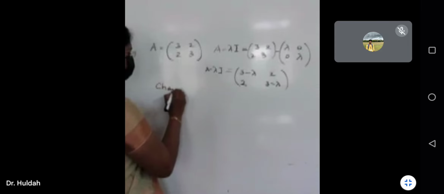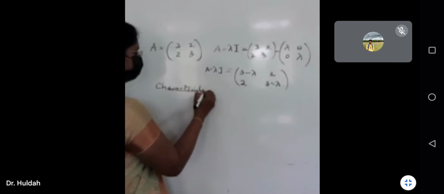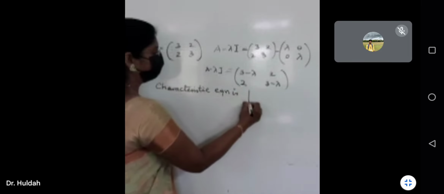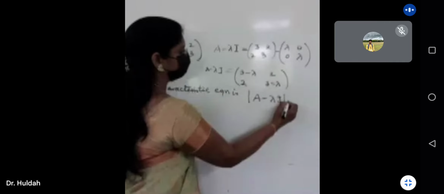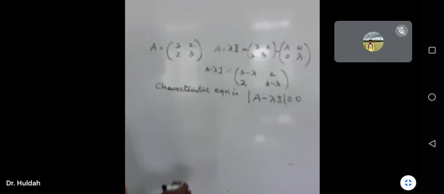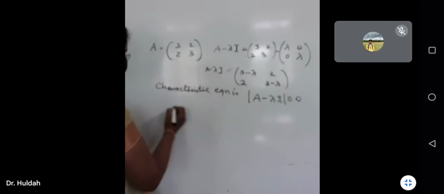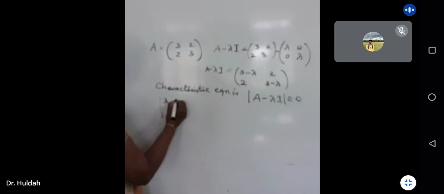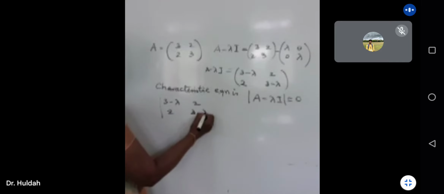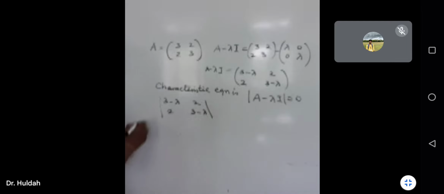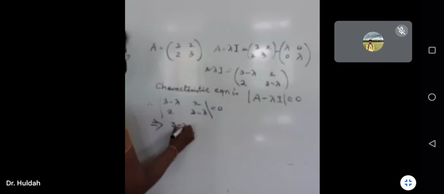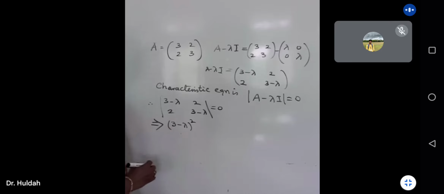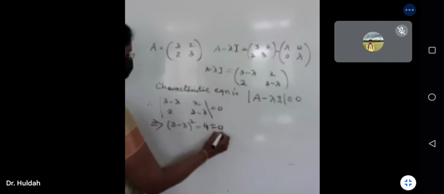Characteristic equation. Determinant of A minus lambda I equals 0. So find the determinant. 3 minus lambda, 3 minus lambda squared minus 4 equals 0.